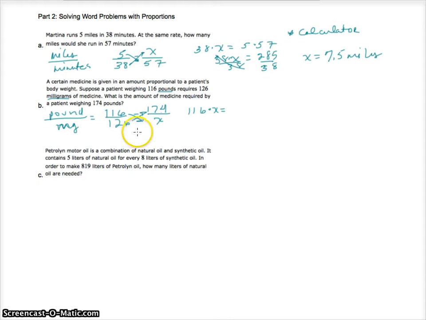So in my calculator, I'm going to type in 126 times 174. And I get 21,924.